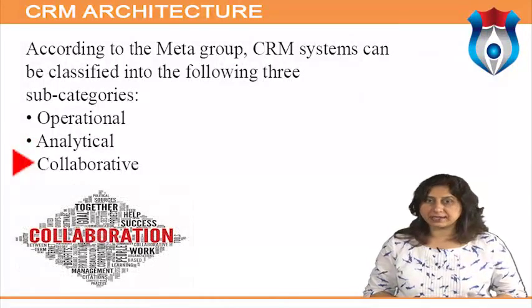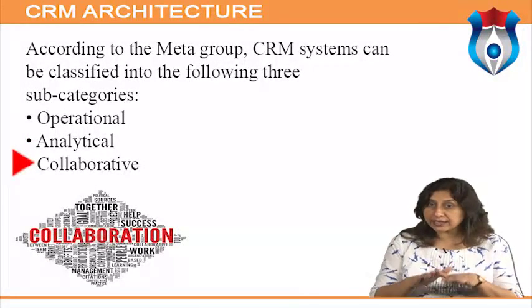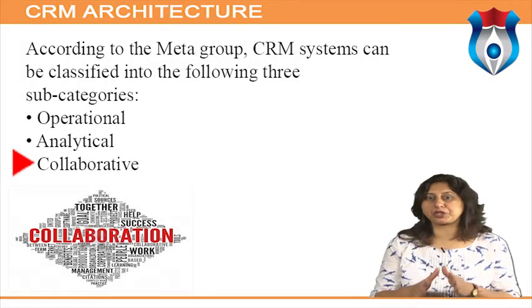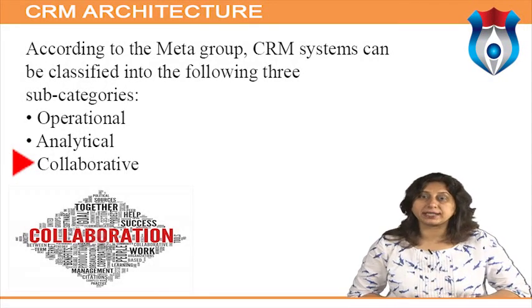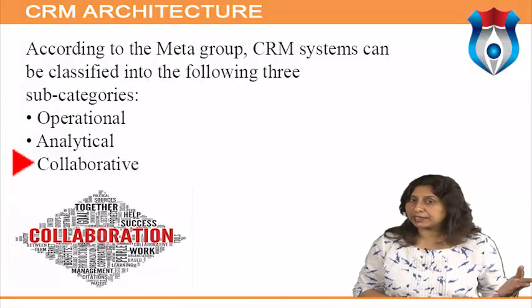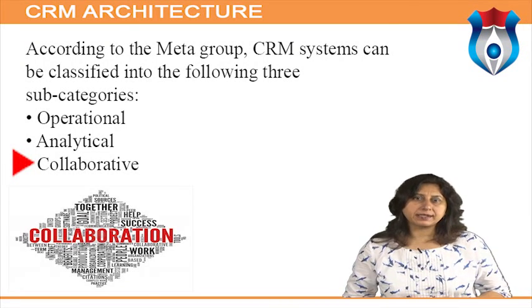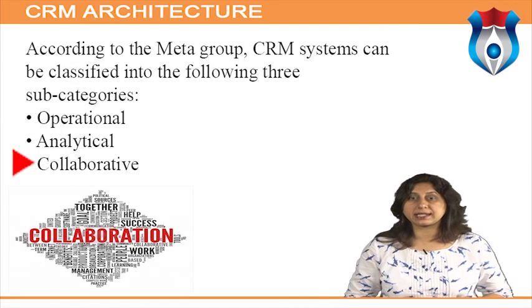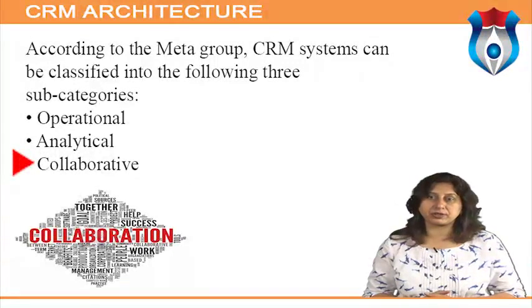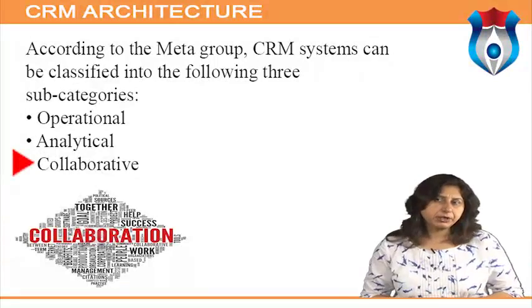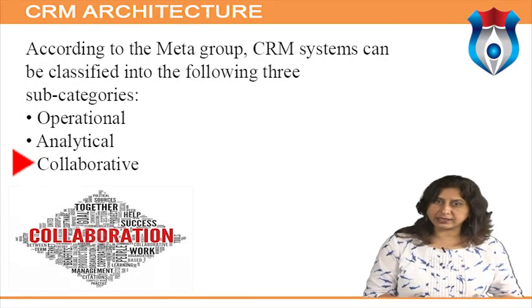Collaborative CRM systems manage and synchronize customer interaction points and communication channels. Example, telephone, email, and web. The CRM systems essentially process well-structured information. Example, customer contact data and master data.